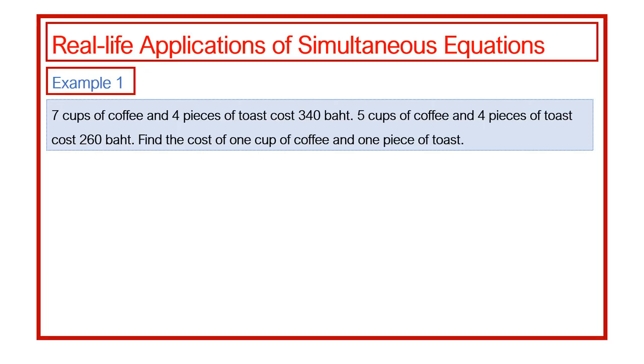We saw that we can use graphical method or substitution method or elimination method to find the solutions of systems of simultaneous linear equations. Now at this point we are going to see how we can apply the systems of simultaneous linear equations in our day-to-day life. Let us begin with example 1.